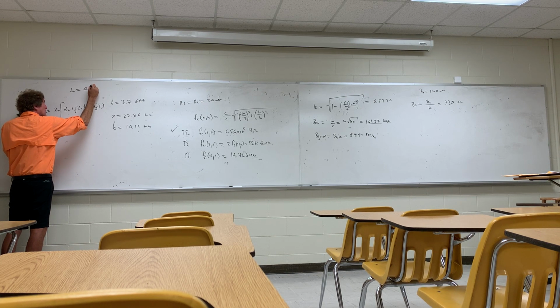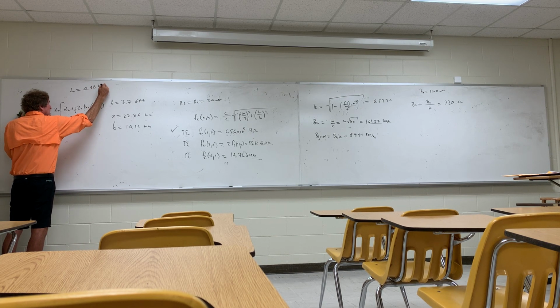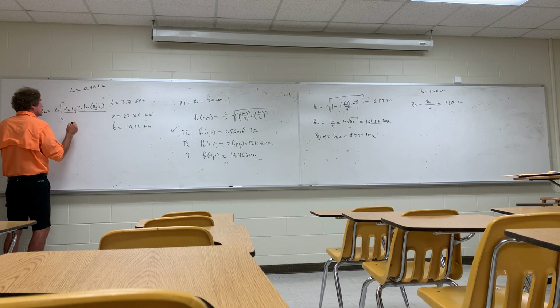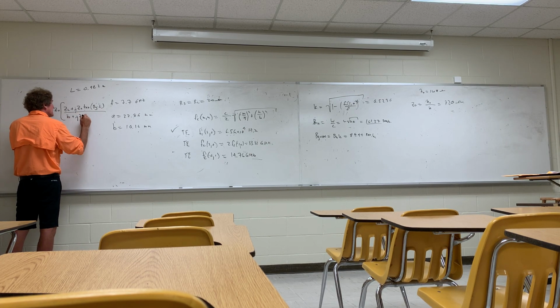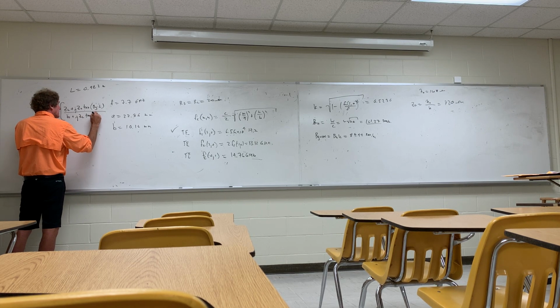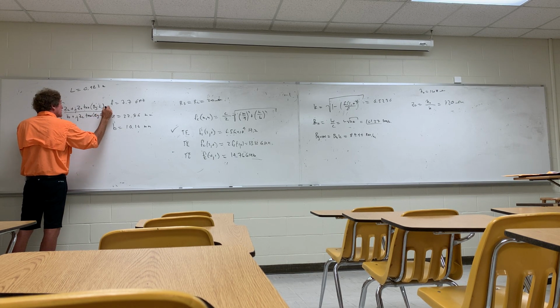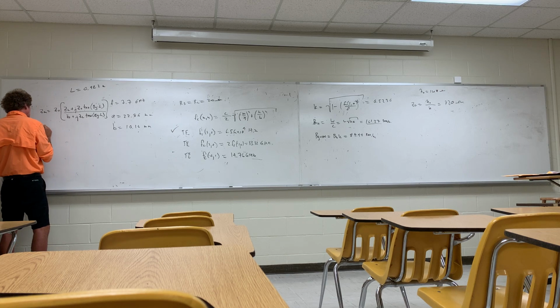Yeah, 0.482 meters. Then divide that by Z naught plus J Z_L times the tangent of beta in the guide times L. And I asked that in polar, can you give that to me?